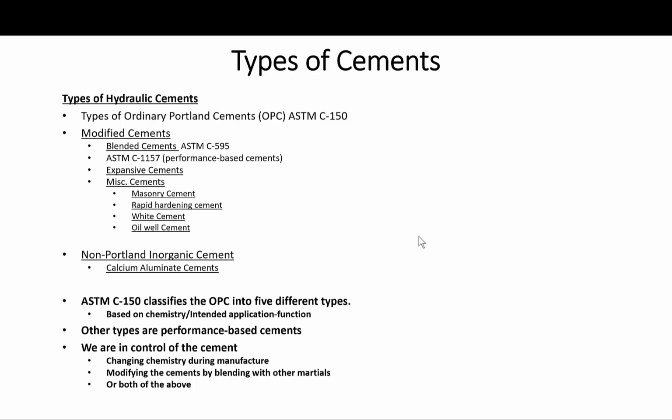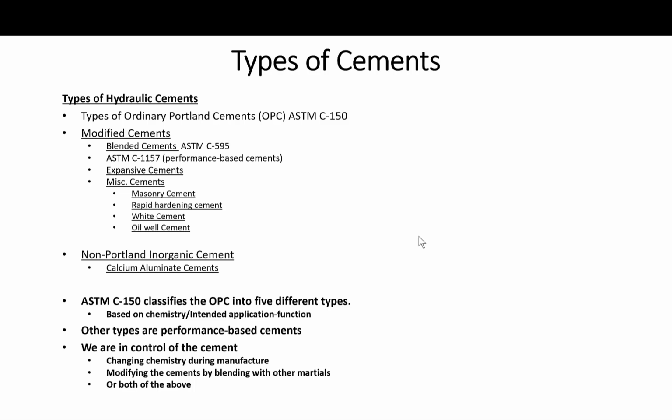As I said, the ASTM classifies the OPC into 5 different types, based on chemistry and intended application or function. The other types, again I'm repeating, are performance-based cements. So we are in control of the cement by changing the chemistry during manufacture, for example, or modifying the cements by blending with other materials like the SCMs in the case of blended cements, or both of the above.